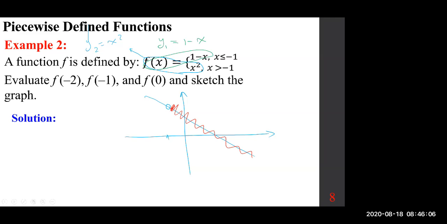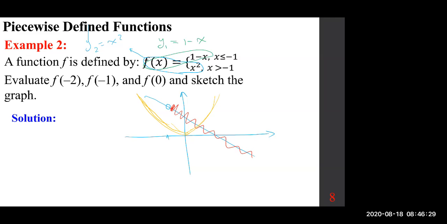Now, if you were to graph, different color here, if you were to graph the second portion, y equals x squared, looks something like this. This is not to scale by any means, class. Probably the worst graph you've ever seen. Okay.